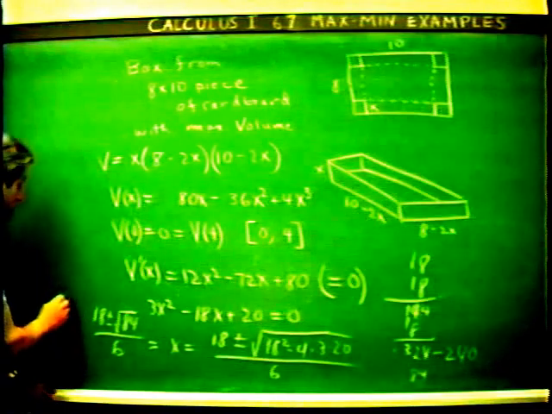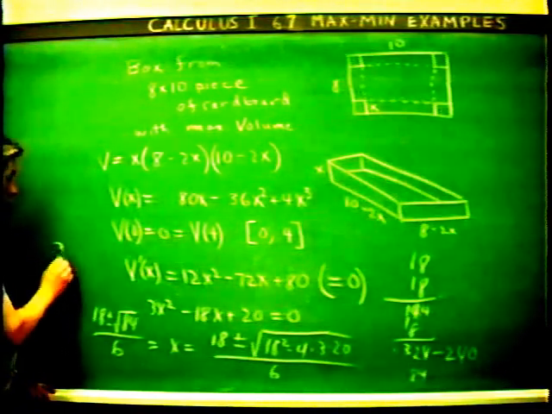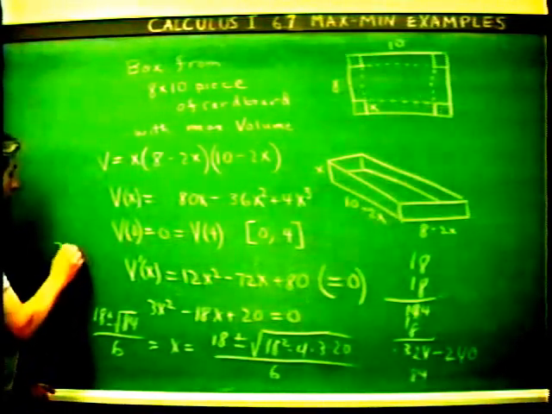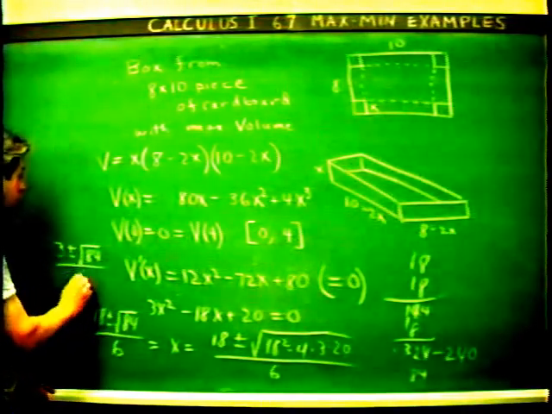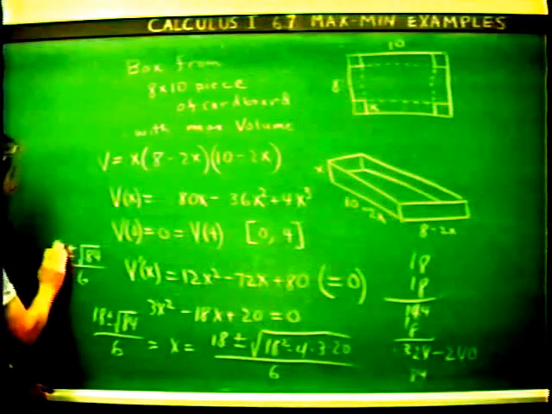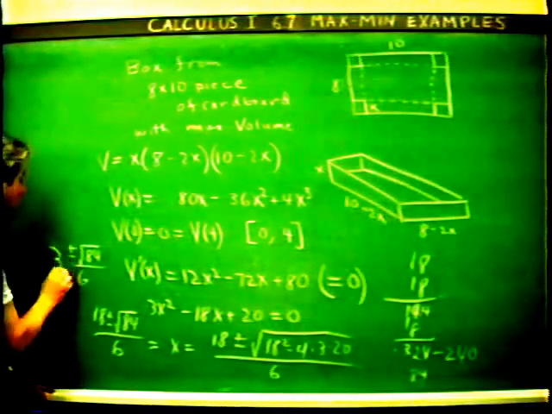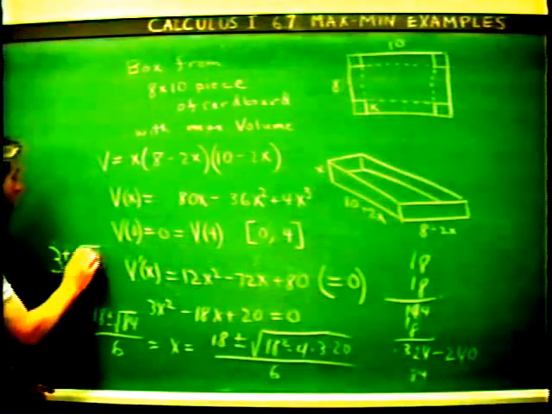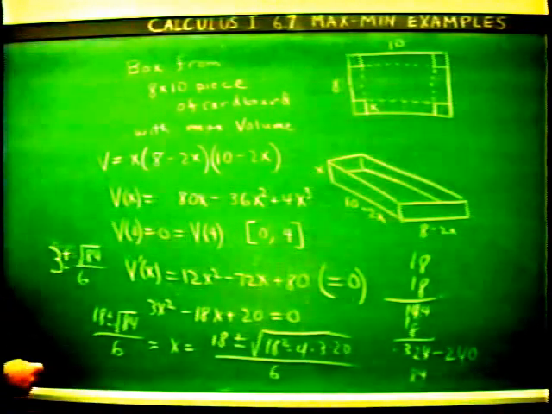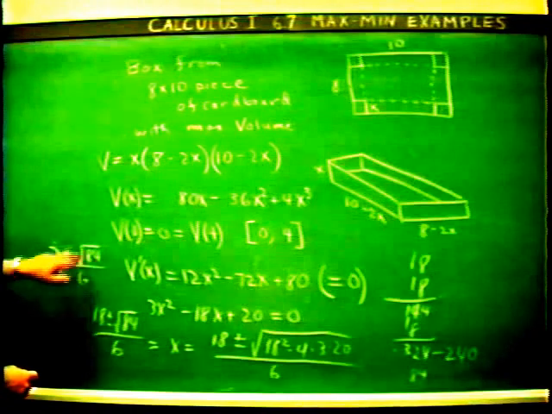Right? That's to say, at 3 plus or minus the square root of 84 over 6.